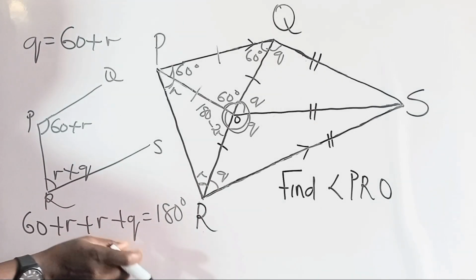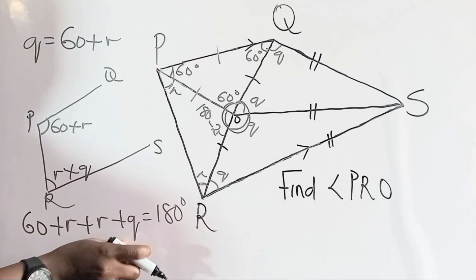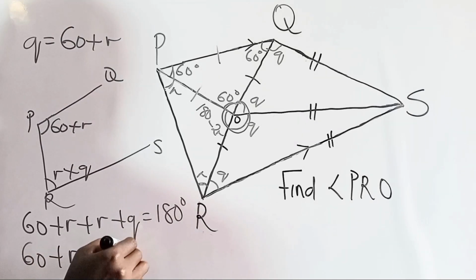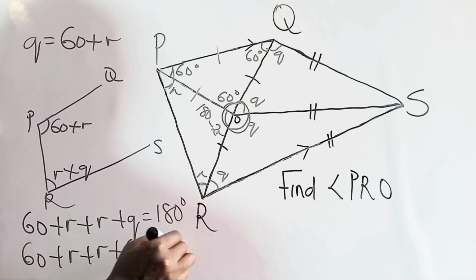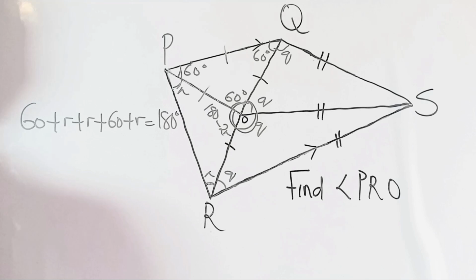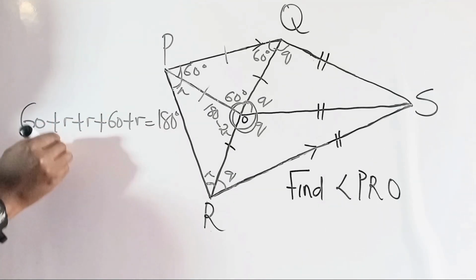Okay, remember the value for Q is 60 plus R. So we're going to substitute it here. That will give us 60 plus R plus 60 plus R equals 180 degrees. Group like terms together. So 60 plus 60 will give 120.